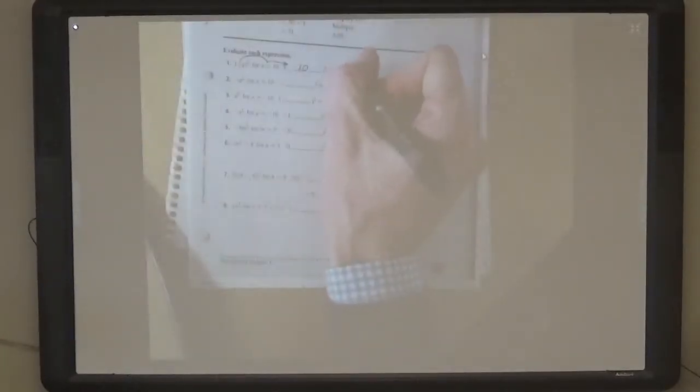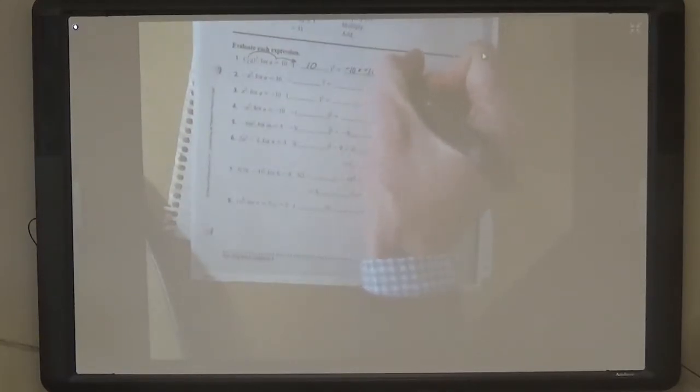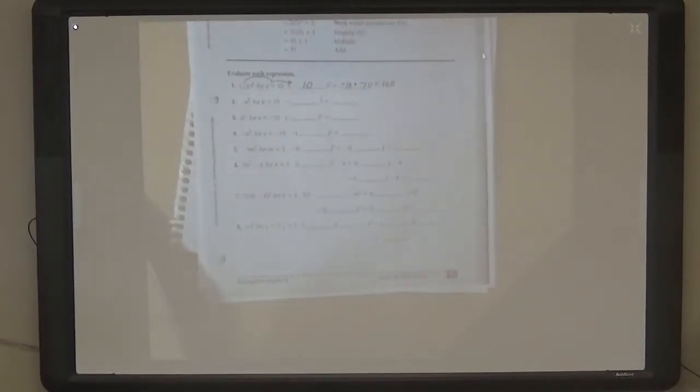And so what does this mean? It means negative 10 times negative 10. What does that equal? 100. Yep. So write 100, negative 10 times negative 10, because the negative is inside the parentheses.